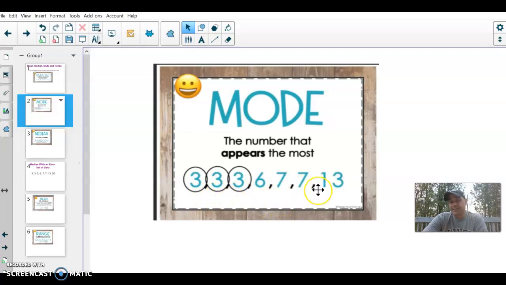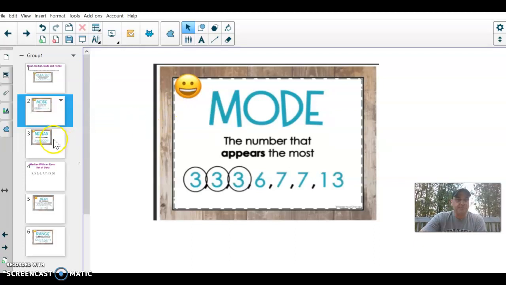Now, if there was one more 7, then you could have 2 modes, and you could have 3 modes, and so on. Okay? Kind of the way I remembered mode when I was in school: mode, most. They start MO, the number that appears the most. So I'm going to give that one a smiley emoji, right? Not that hard, just the number that appears the most.